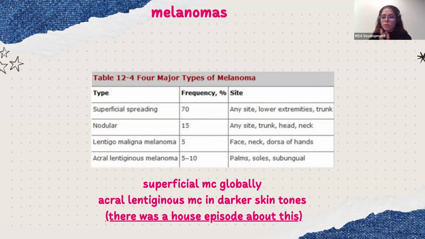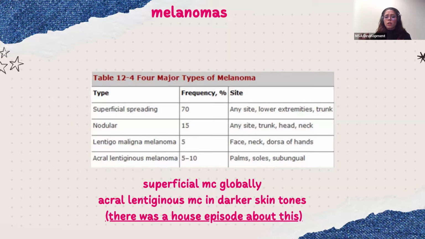Okay, and I don't know if you guys watched House, but there was an episode with a Black patient, and he had a paraneoplastic syndrome, and he and his doctors are trying to figure it out. They're like, okay, what is this?